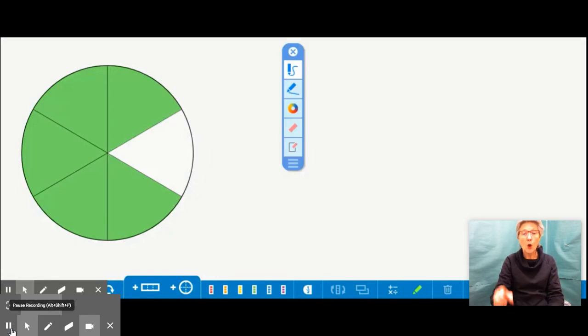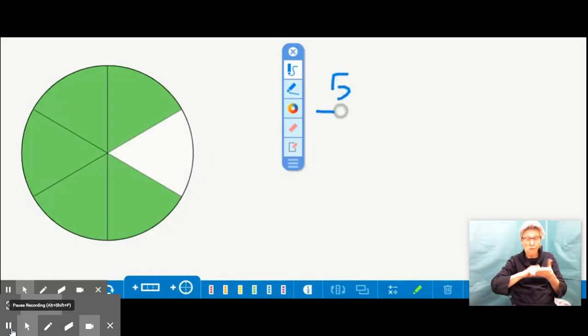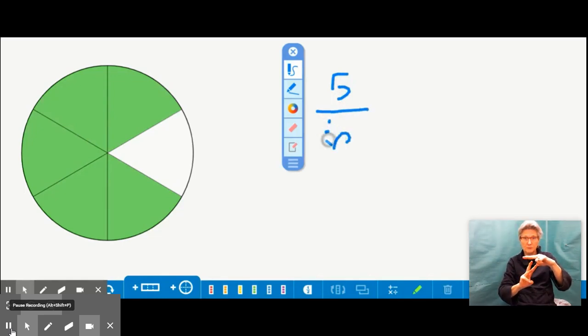Quickly to recap what we just learned, we had written 5/6 as a sum of the unit fraction. That's when we did sum. That means I'm adding, right? And my unit fraction was 1/6 because a unit fraction is 1 part of the whole, plus 1/6 plus 1/6 plus 1/6 plus 1/6.